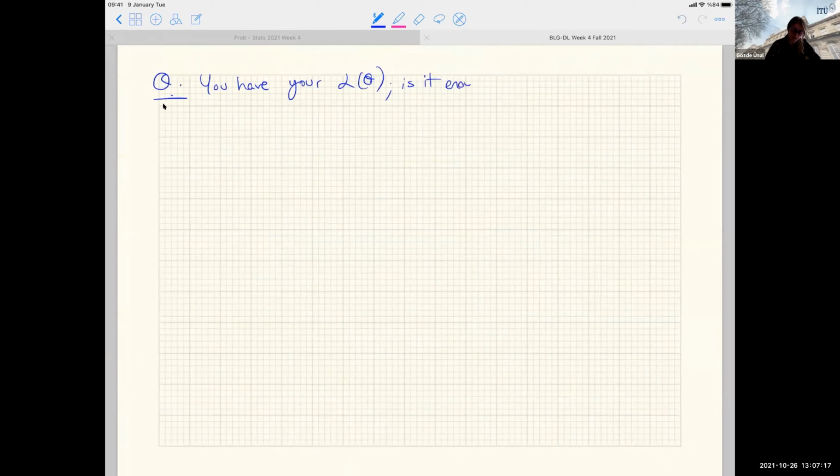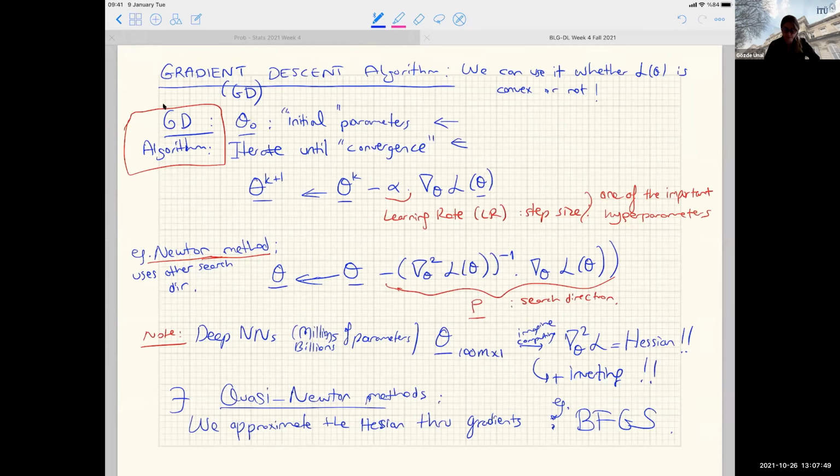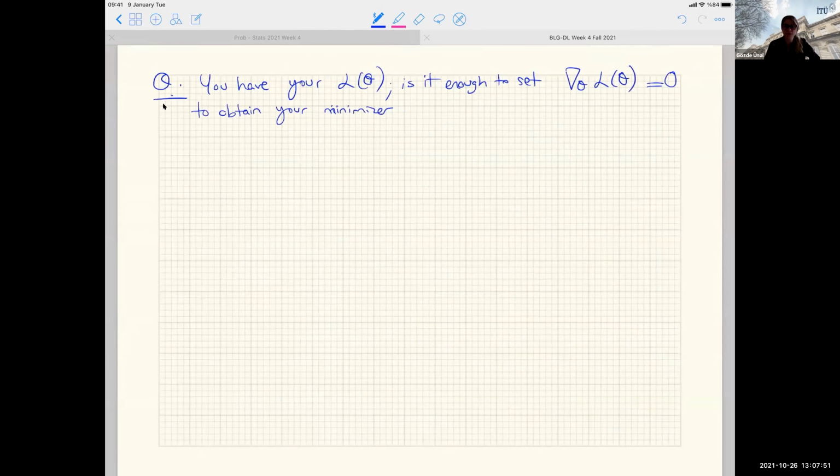Is it enough to set the gradient of the loss function to 0 to obtain your minimizer? This is from calculus, remember, we minimize by setting it to 0, right? We can also derive gradient descent in that way, but my question is now separate from that. Is setting it to 0 enough to obtain the minimizer of the loss function?